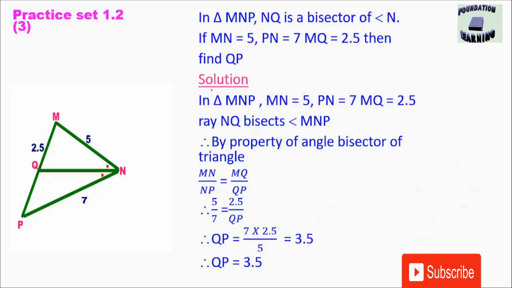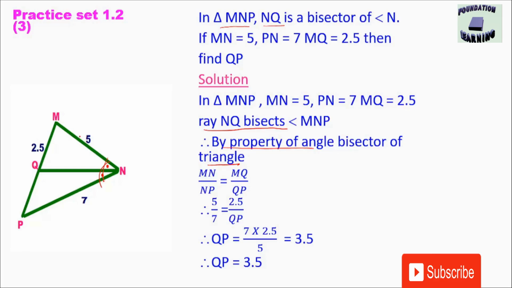So let me write the neat solution. In triangle MNP, NQ is the bisector of angle N. MN is 5, PN is 7, MQ is 2.5, and we have to find QP. Ray NQ bisects angle MNP. Therefore, by the property of the angle bisector of a triangle, which sides will be in proportion?